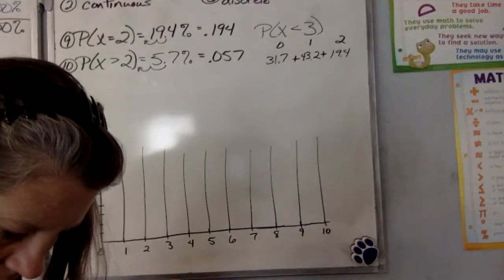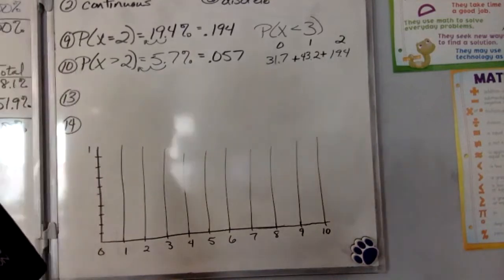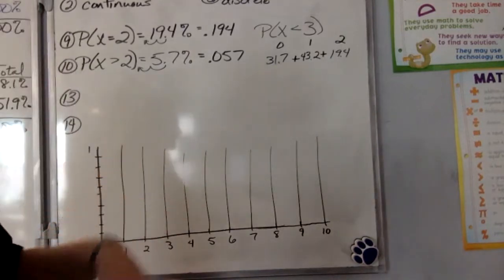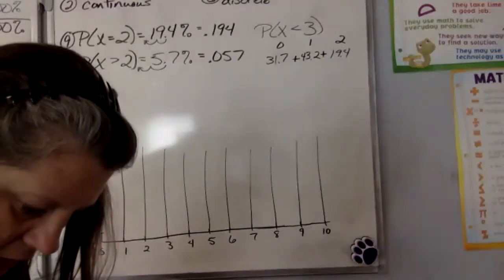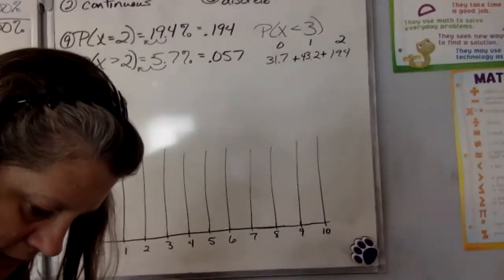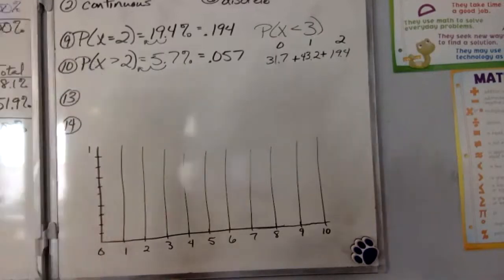Then it says each value is equally likely to occur. Since they're all the same size, they all have an equal chance of happening. Construct a uniform distribution graph for the spinner. Use this graph to answer the following questions. So that's what we're doing.